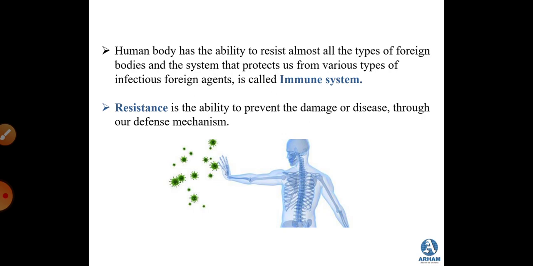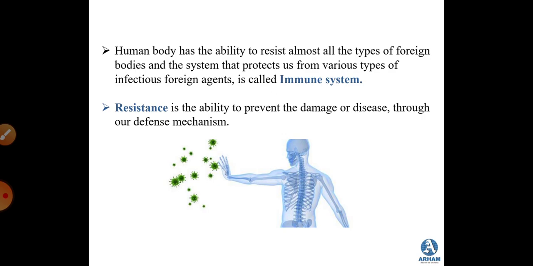This is due to the fact that the human body has the ability to resist almost all types of foreign bodies, or you can say all types of invading microorganisms. And the system that protects us from these infectious agents is called the immune system.